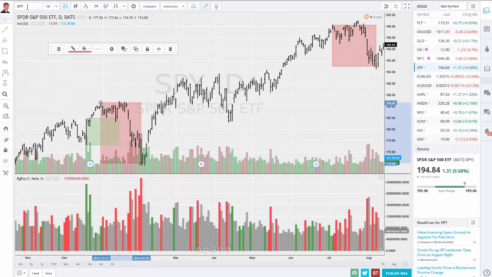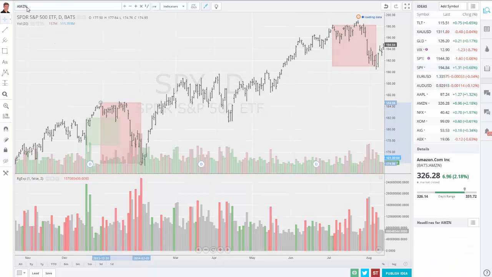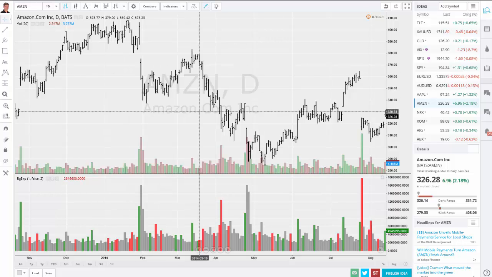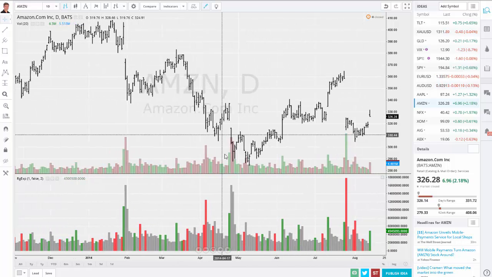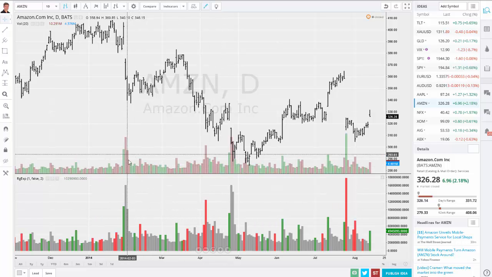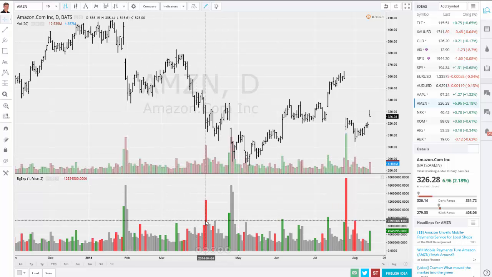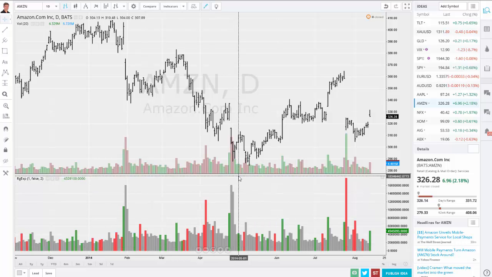We can pull up all kinds of stocks and see if there's anything interesting on them. It should help you see things pretty clearly. I'm showing you again regular volume against this method. It looks like volume is a little bit more dramatic here, but in fact it's less dramatic, showing on this indicator.